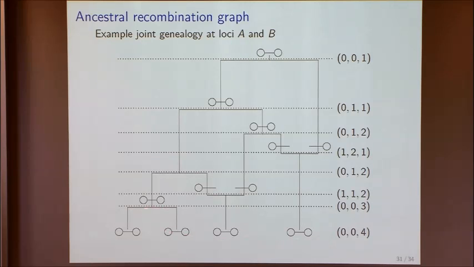Going back in time, the first event was a coalescence event, so there is one less ancestor that contributes genetic material at both loci. Going further back in time, the next event is a recombination event, so there is now one ancestral lineage that contributes genetic material only at the left locus, one that contributes only at the right locus, and the total number of ancestors that contribute genetic material at both loci has dropped by 1, so it's 2.